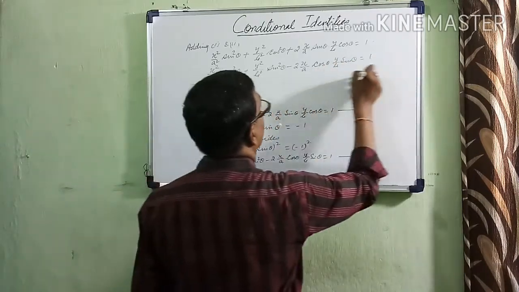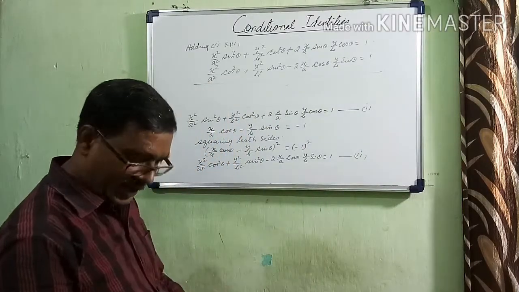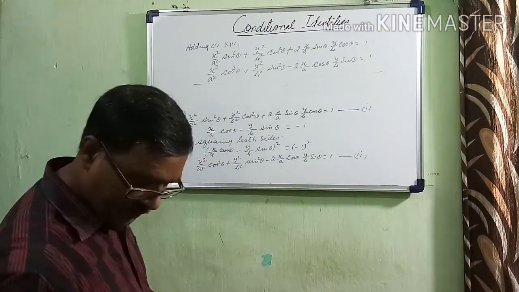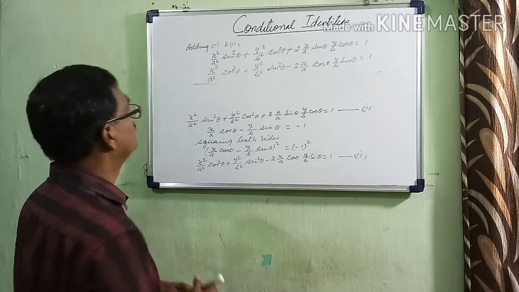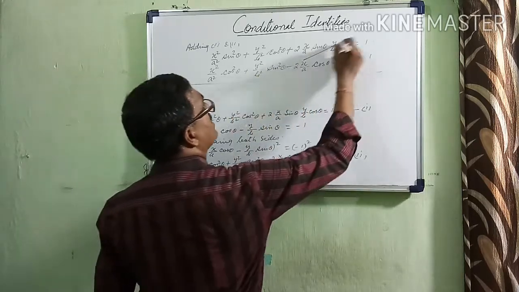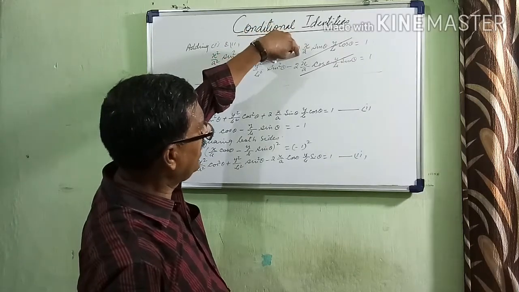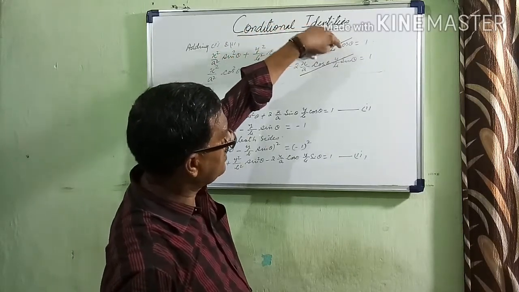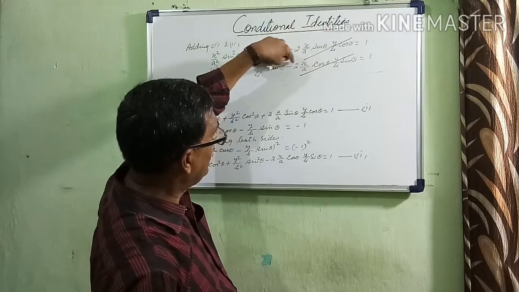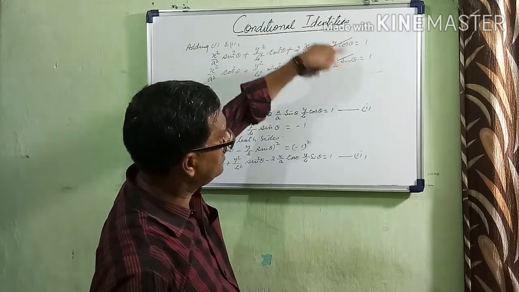Let us add. When you add, what will you find? This and this is cancelled. Why? 2 (x/a) cos θ (y/b) sin θ and 2 (x/a) cos θ (y/b) sin θ cancel.